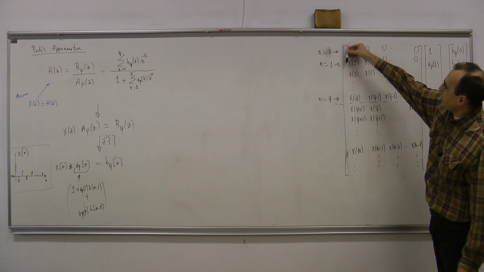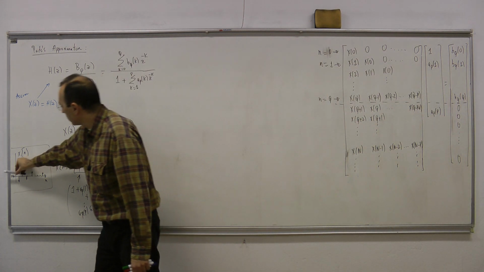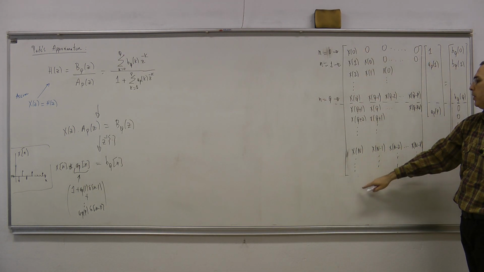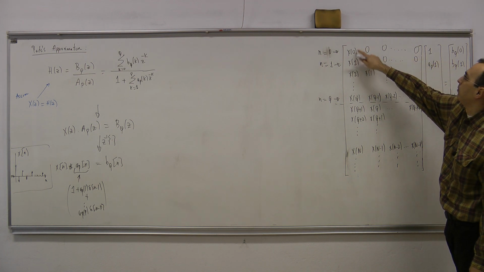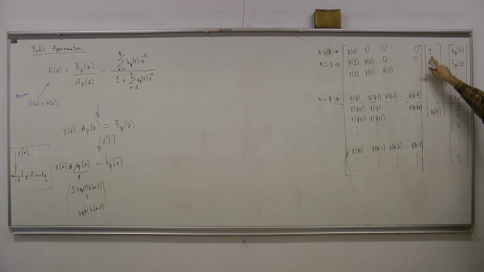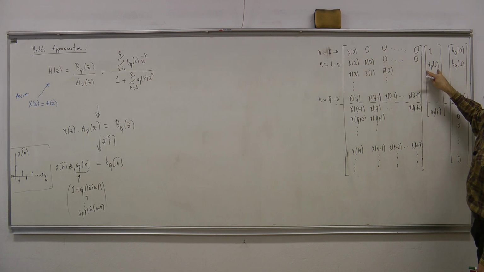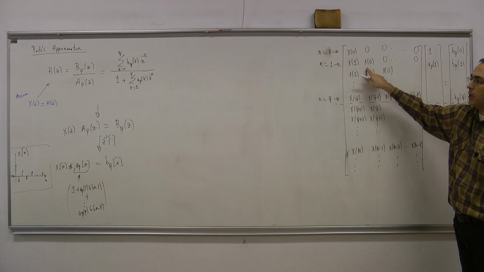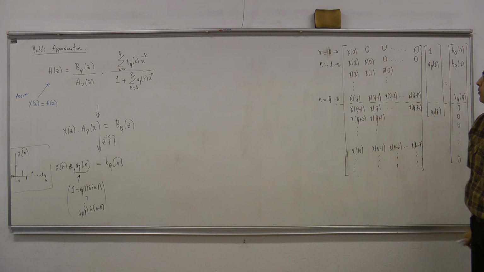So please see this axis as the n axis. Now you see this x of n sequence listed over here. The first column is multiplied by 1. Then the second column is multiplied by AP1, but what is the difference between the first column and the second column? The second column is a one-sample shifted version of the first column.